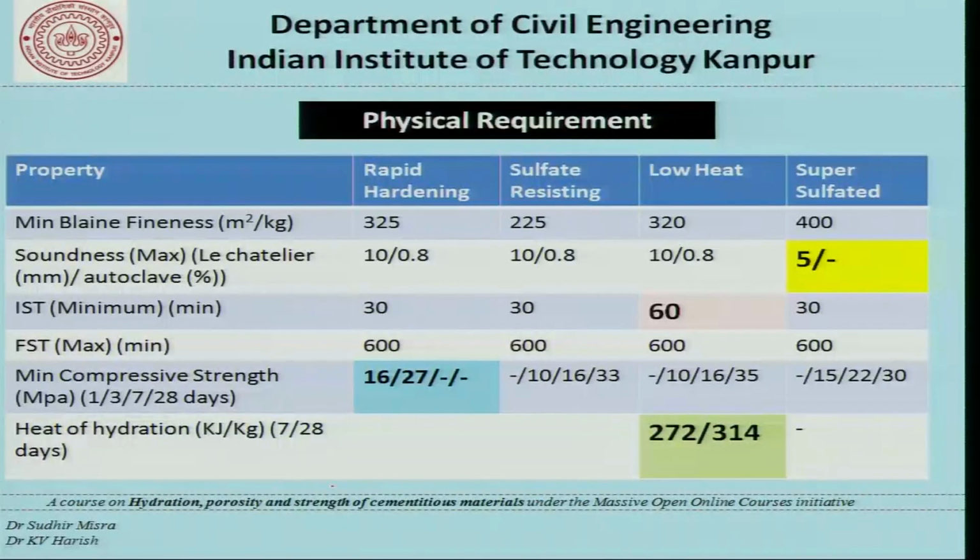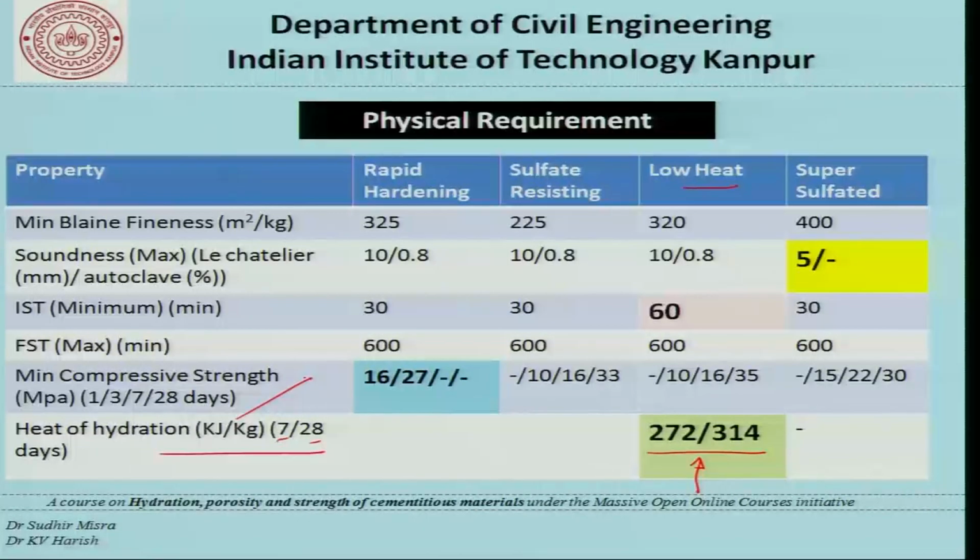Now, here we have a similar comparative table which compares the physical requirements for the rapid hardening or the sulfate resisting or the super sulfated and the low heat cements. So, if we look at our numbers, when it comes to low heat cement, we are talking of 272 or 314 kilocalories per kg of the heat of hydration at 7 and 28 days. It is only in this case in India that a certain number has been laid down.